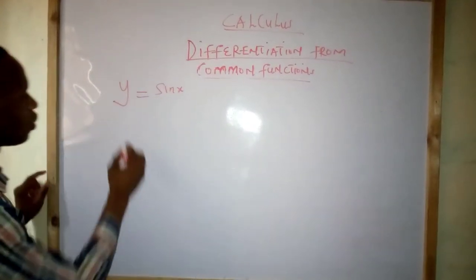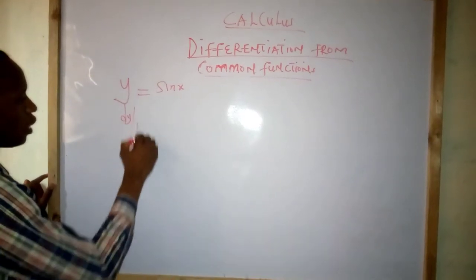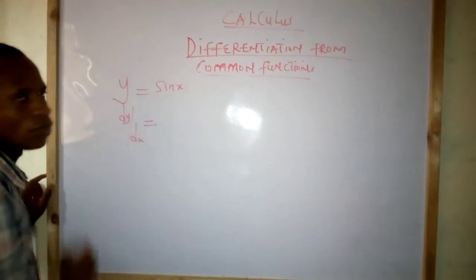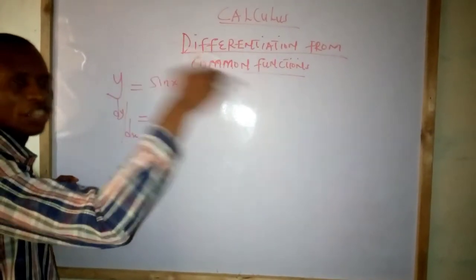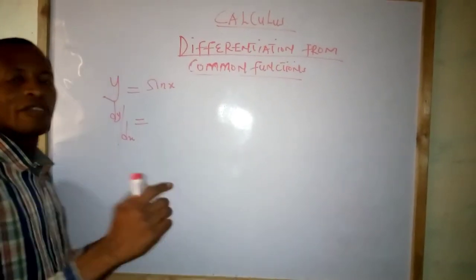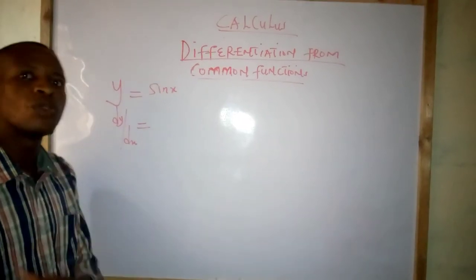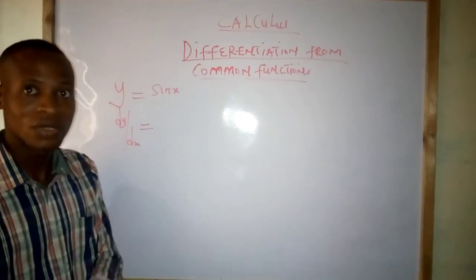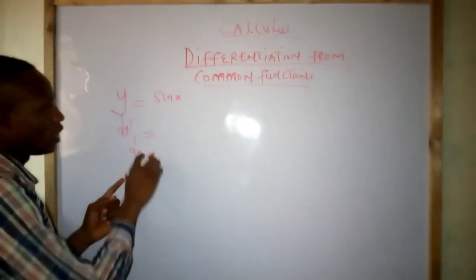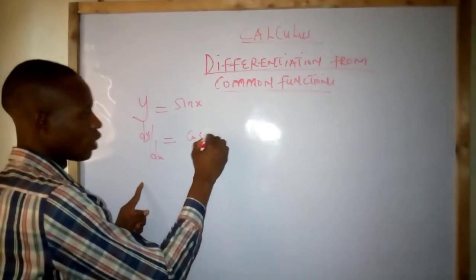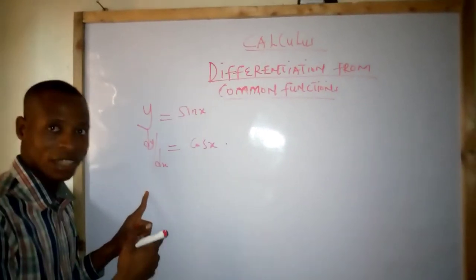I want to get the dy/dx of this function. In that case, sine x will change to cos x, because a sine graph changes to a cosine graph. If y equals sine x, that means dy/dx of sine x is simply cos x. That's from a sine graph.